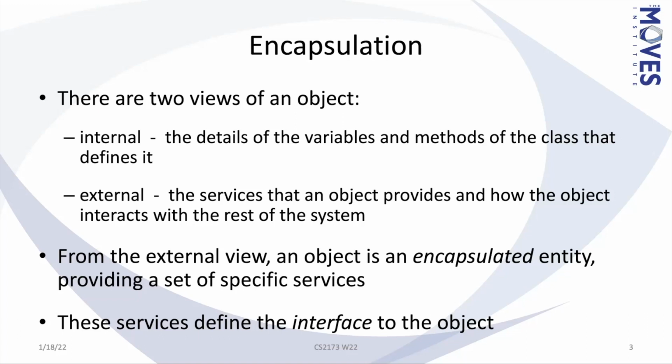Now, because objects interact with others, the services, that is the public methods, define an interface of the object, meaning that the interface is the methods that you can invoke from the outside. And the cardinal rule, the prime directive in object-oriented programming and design, is that an object never directly changes the value of an instance variable of another object.